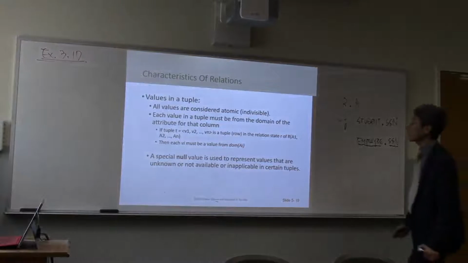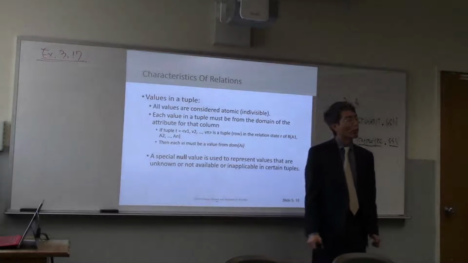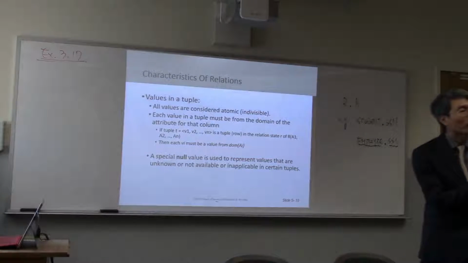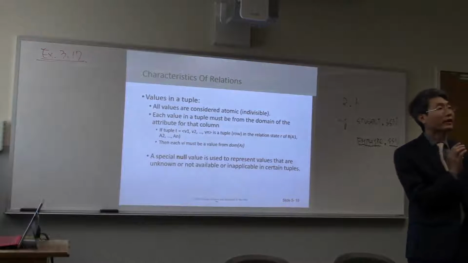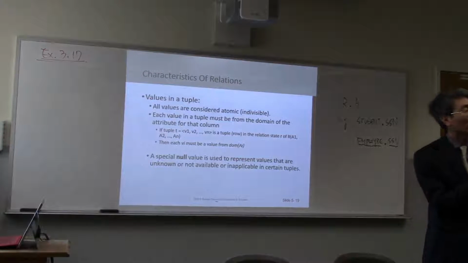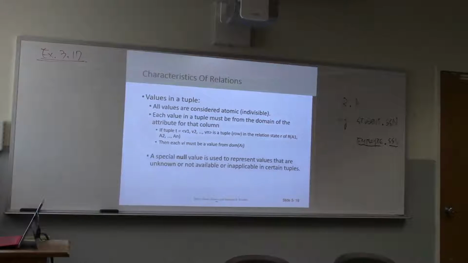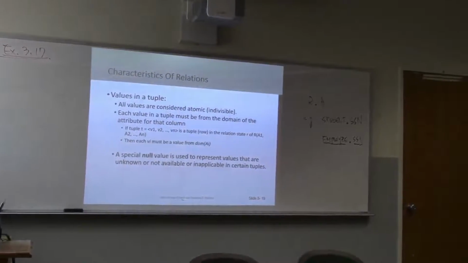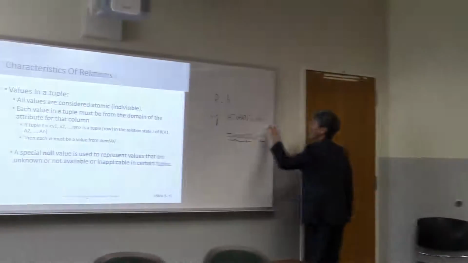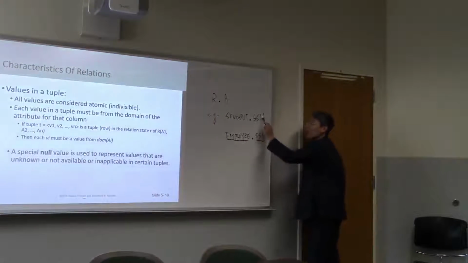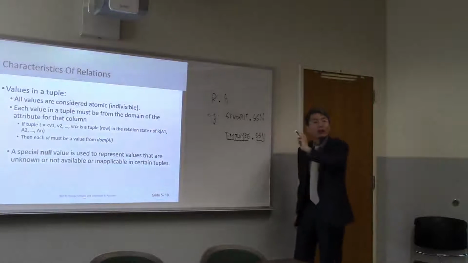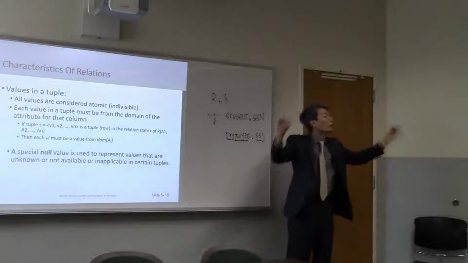Another thing, I think last class I briefly introduced what a domain is. According to the definition of the relation proposed by Dr. E.F. Codd, he used only domains. Each attribute value, for example SSN, comes from where? A domain. This domain is kind of a big jar.